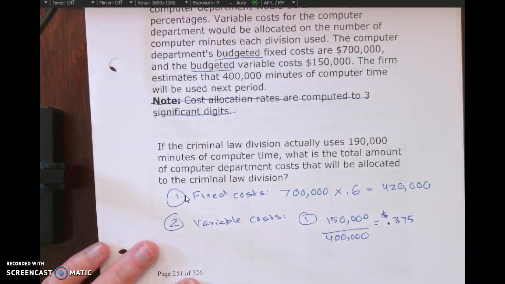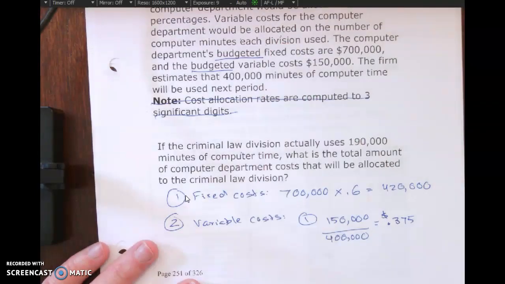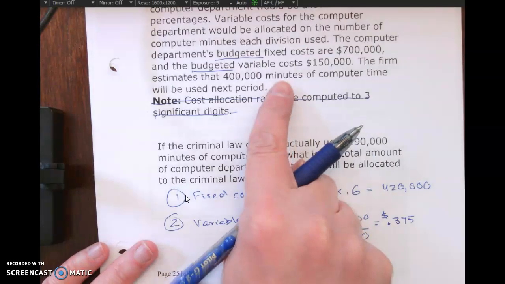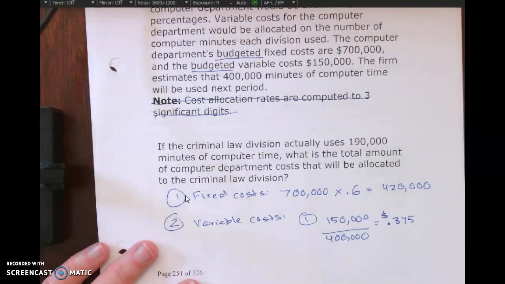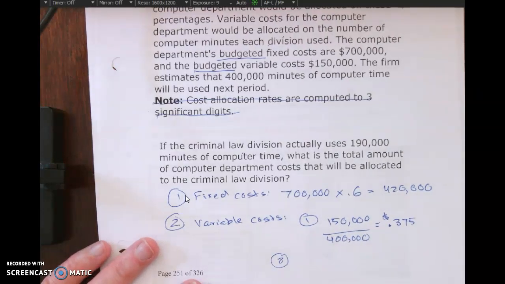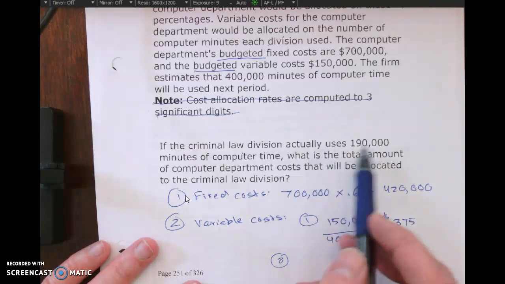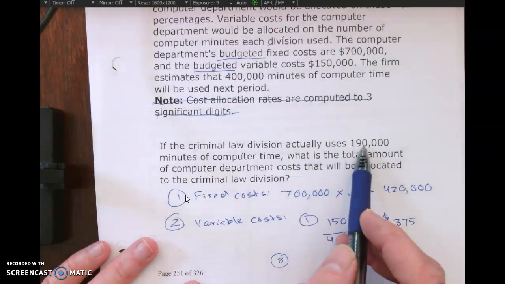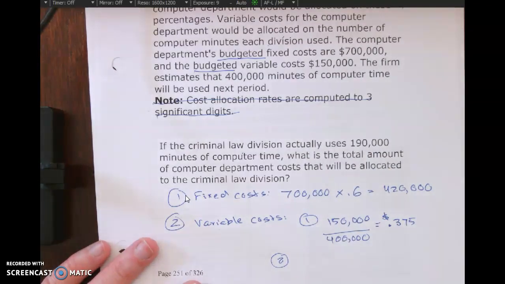What is the interpretation of this? That the manager of the computer system charges 37.5 cents for every minute of computer time used. They charge 37.5 cents for every computer minute used. So if we think about it that way, it becomes easy to solve the next problem, because it says right over here, criminal law uses 190,000 minutes.